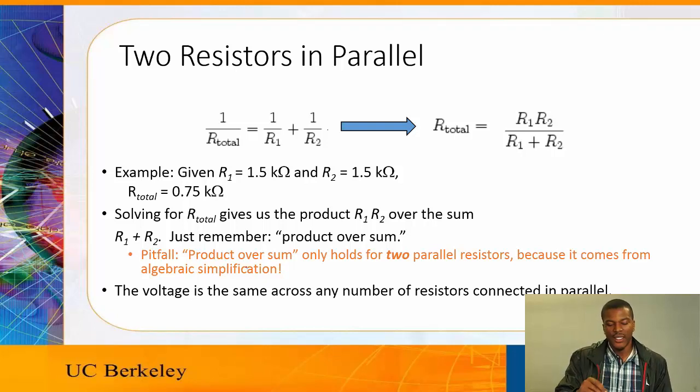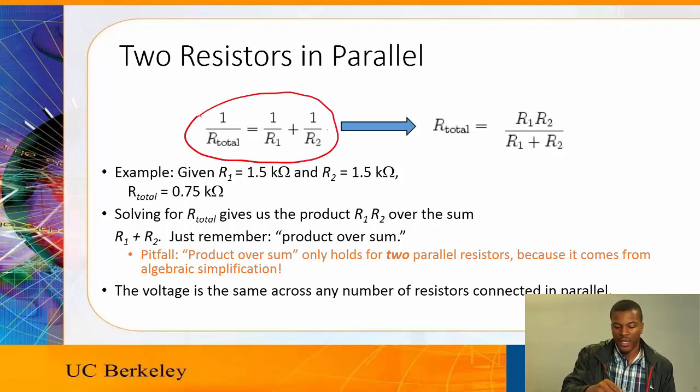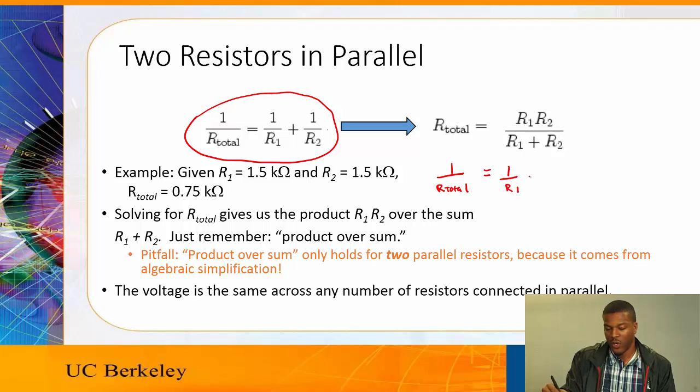So if we're given two resistances, R1 and R2, we can find the total resistance using the sum of the inverse of the resistances. In other words, 1 over R total equals 1 over R1 plus 1 over R2, which then equals R1 plus R2 over R1 times R2.